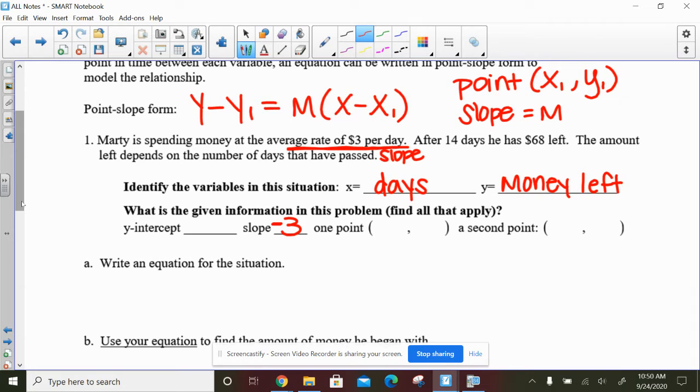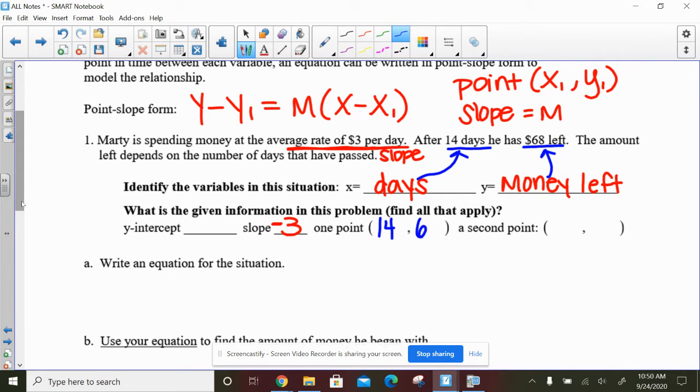So my slope is -3. And the only other thing that I have is 14 days and $68 left. That is one of my points. Remember that the X value is days and the Y value is your $68 that is left.